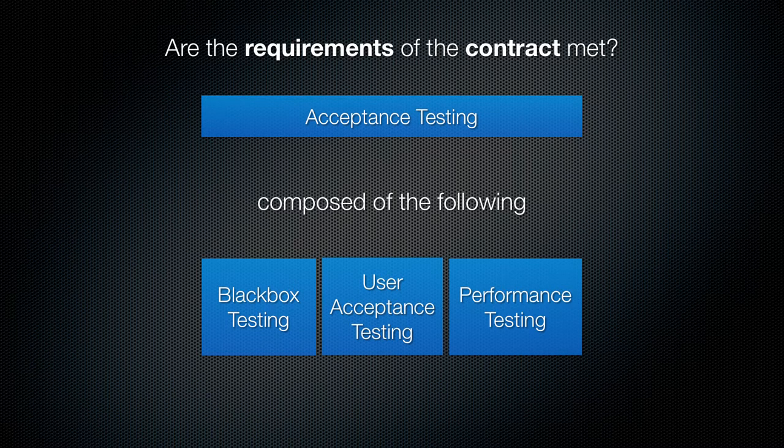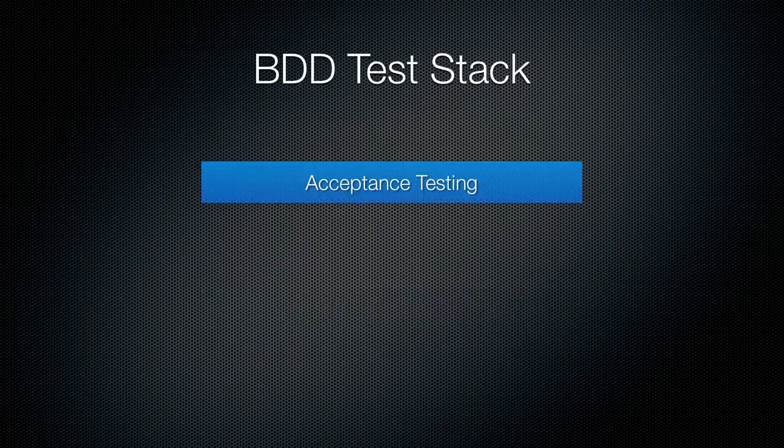Generally, this is composed of the following types of tests: black box testing, user acceptance testing, performance testing, but there are probably a few others that fit in that category as well. Really, you just need to think about this layer as verifying that the requirements of the contract between the technical staff and the business stakeholders have been met or not for given features. And that's the core concept of acceptance tests.